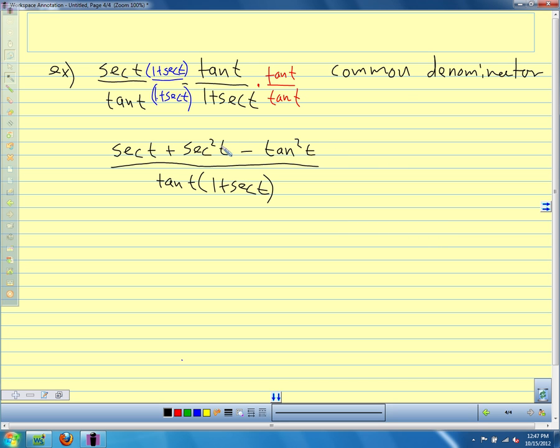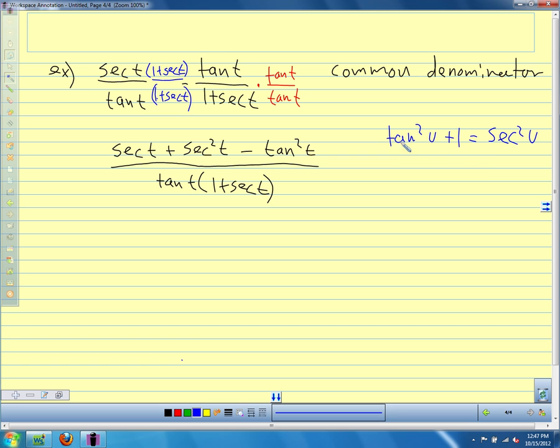Now I have a secant squared t and a tangent squared t, and they're subtracting, so I have an identity there on the upper right, my Pythagorean identity. Anytime we have these trig functions squared, that should make you think of your Pythagorean identities. I have an identity that says that tangent squared u plus 1 equals secant squared u.